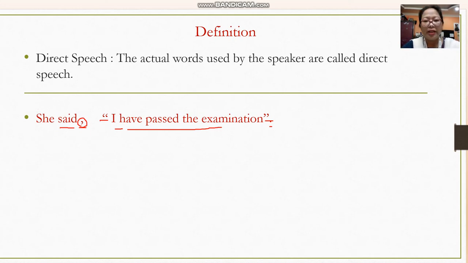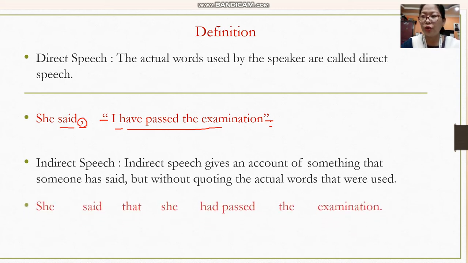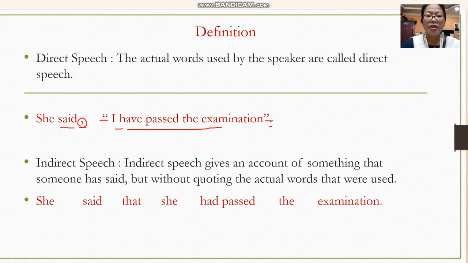Now let us look at the next sentence, the indirect speech. Indirect speech gives an account of something that someone has said without quoting the actual words. Here, she said that she had passed the examination. The same sentence we are reporting in indirect speech.